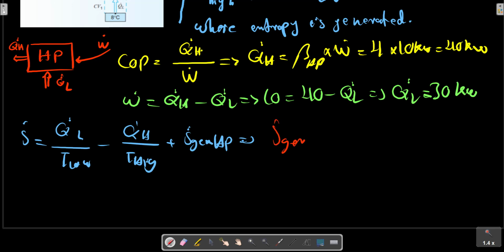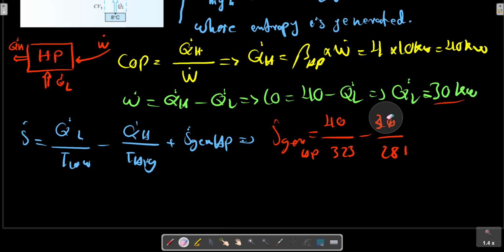S dot generation of heat pump can be calculated as Q dot H on T high minus Q dot L on T low, this is 30, as the first control volume, the heat pump.